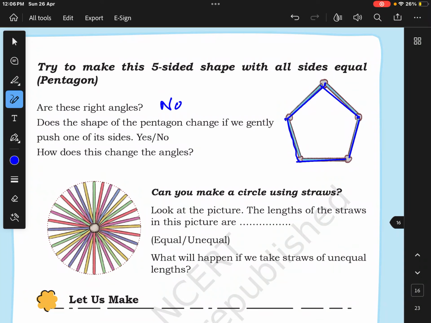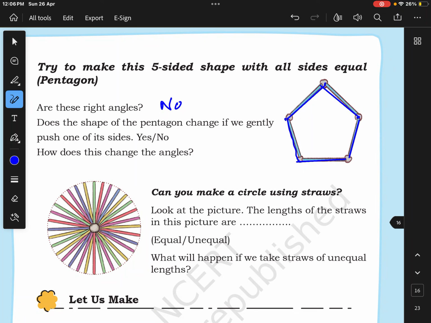Does the shape of a pentagon change if you gently push one of its sides? If you push one of its sides, it will still remain a pentagon. The shape will change a little, and visually it will be changed, but it will remain a pentagon.